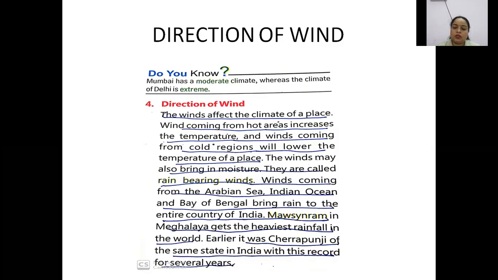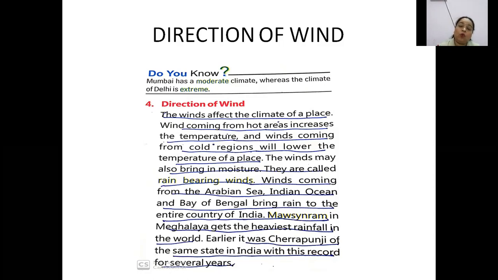The winds coming from the Arabian Sea, Indian Ocean and Bay of Bengal bring rain to the entire country of India. All these winds which are coming to India and bringing rain are rain-bearing winds.